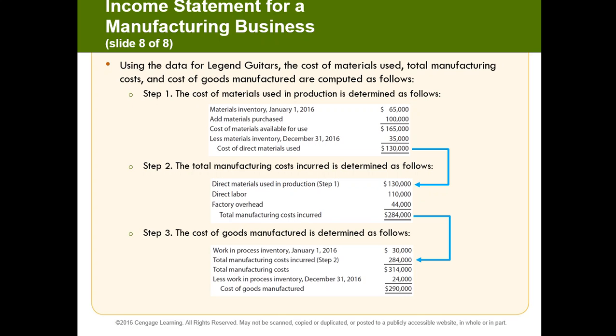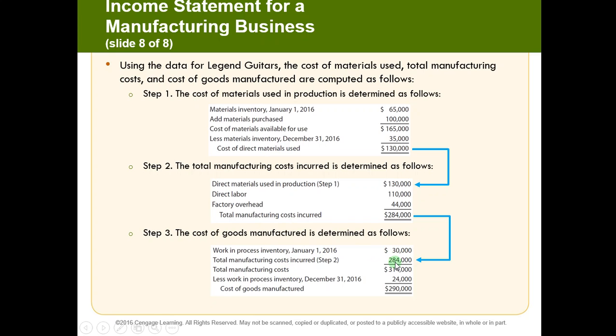And then the last part, what is our cost of goods manufactured? That's looking at what's in process. At the beginning of the year, I had $30,000 of items in some percentage of completion. They weren't quite finished yet.